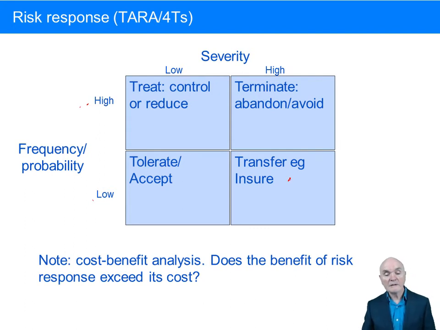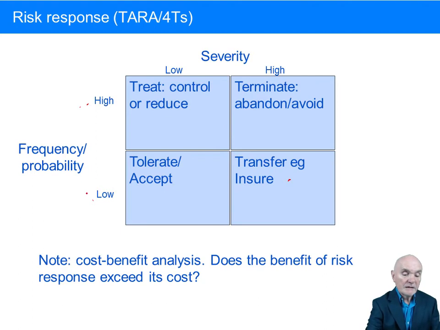Here, where the frequency of probability is low but the severity is high, you can transfer it maybe to a subcontractor, or you can insure it like we did with the fire. So if we were having to remove asbestos from our building, a very dangerous product, if it goes wrong, then of course there's a very serious consequence in terms of people's health.